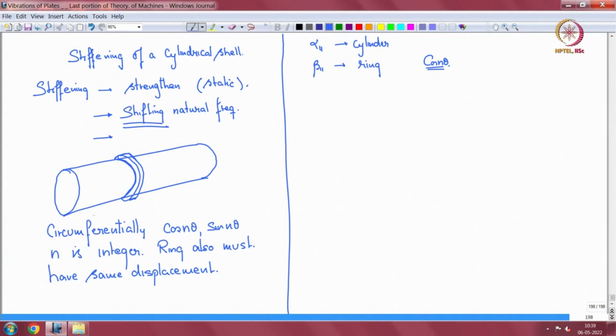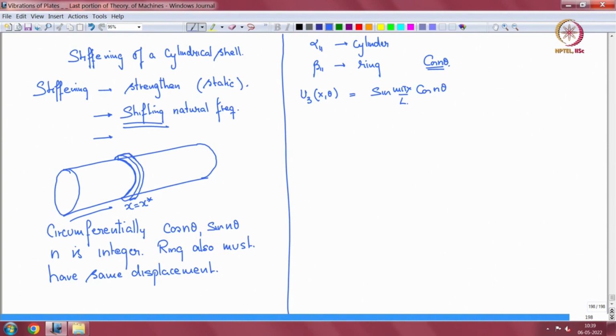So let us say this stiffener is attached at an axial distance or location x equal to x star, and I will consider u3 to be sine m pi x by L cos n theta. That is the shape.